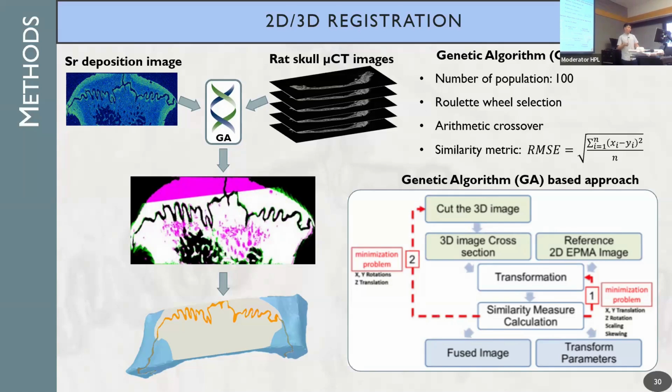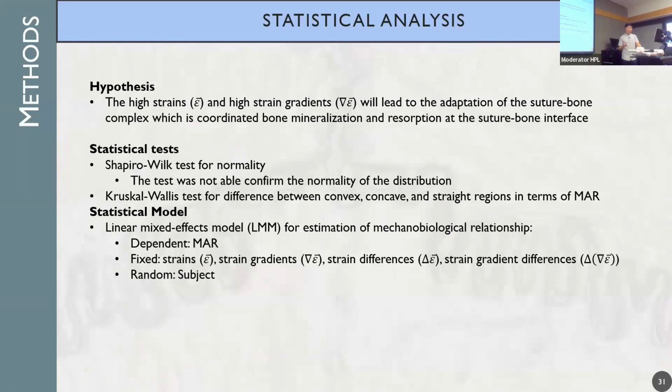Okay, now I put everything together so I can do a statistical analysis and find the mechanobiological relationship. So here my hypothesis was that high energy equivalent strains and strain gradients will lead to a higher amount of adaptation.